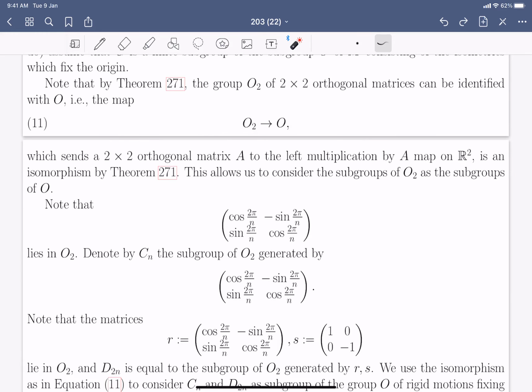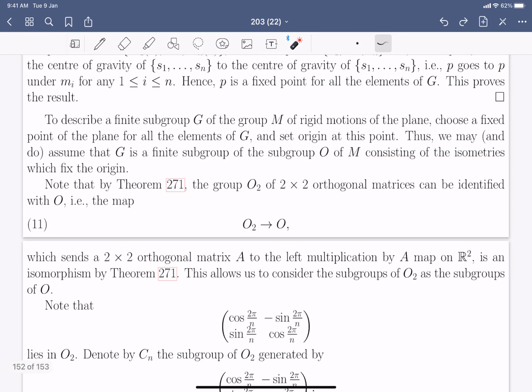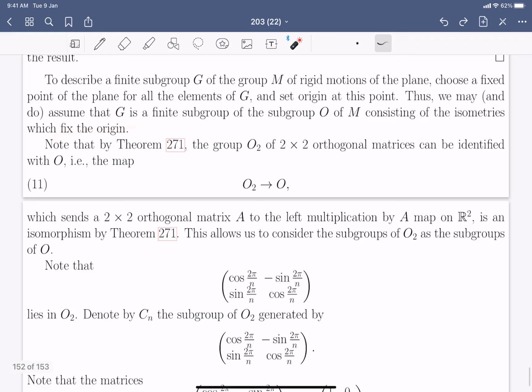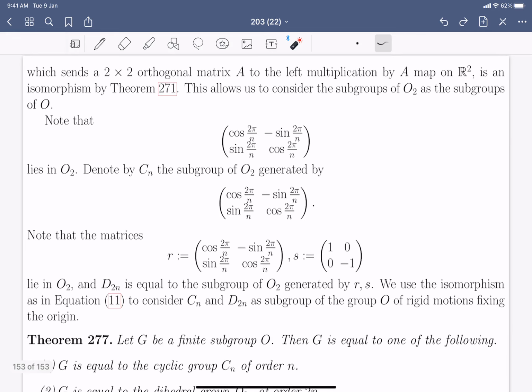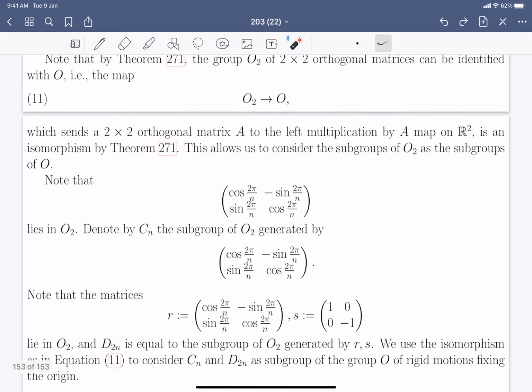Because if we look at an element of O, that is an isometry of M that fixes the origin, it has to be left multiplication by an orthogonal matrix. Thus this map is surjective, and of course it is injective too, and one can check that it is a group homomorphism. So this shows that this map is an isomorphism.